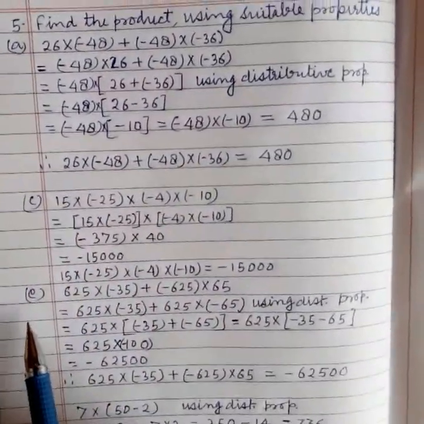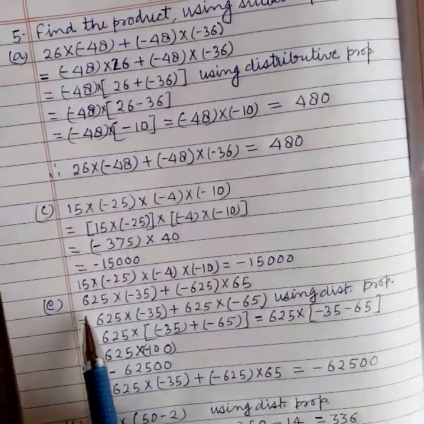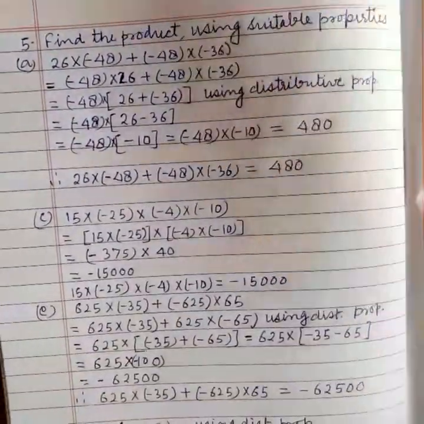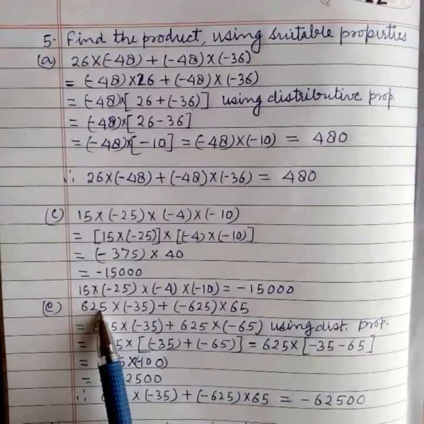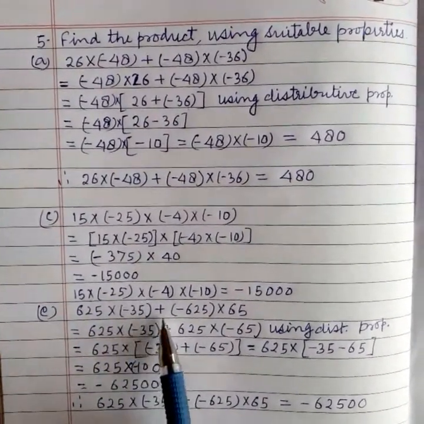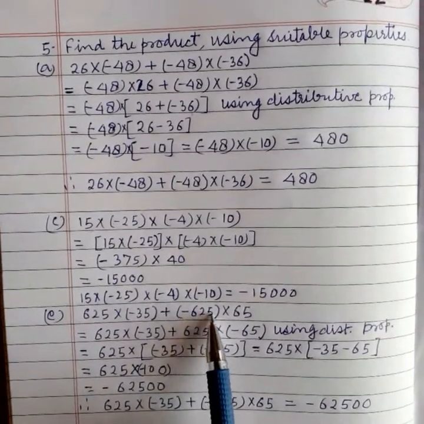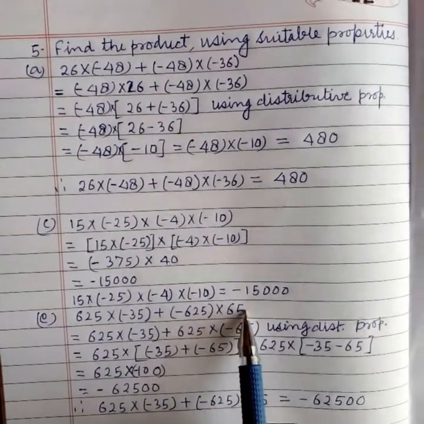Now the E part. In the E part, we have to find this product, 625 into minus 35 plus minus 625 into 65.